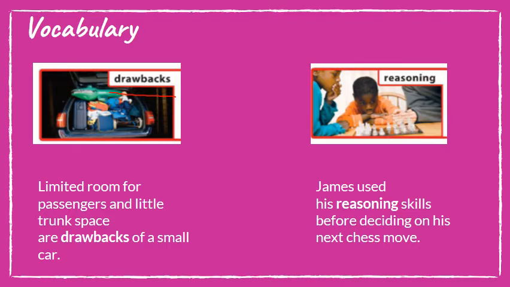So when we say drawbacks, we mean disadvantages. The last word, reasoning. James used his reasoning skills before deciding on his next chess move. When you make reasonings, it's as if you are making conclusions by thinking in a logical way. So when you think in a logical way, you can make logical reasoning.